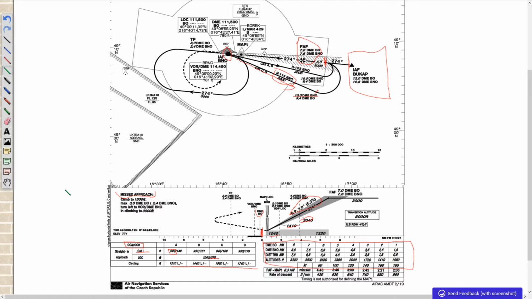I have a question as well about the part of the chart at the bottom, the second scale. There's a 1040, and on the left there is 1220. What is it?